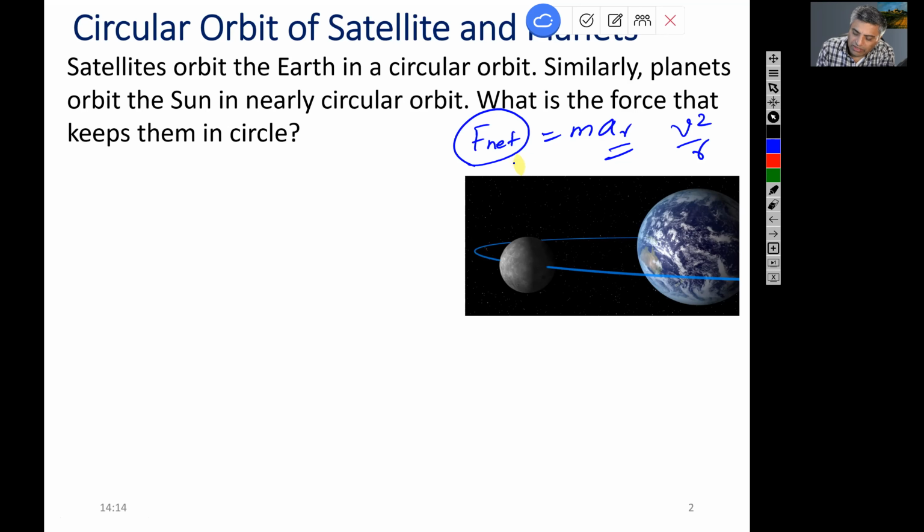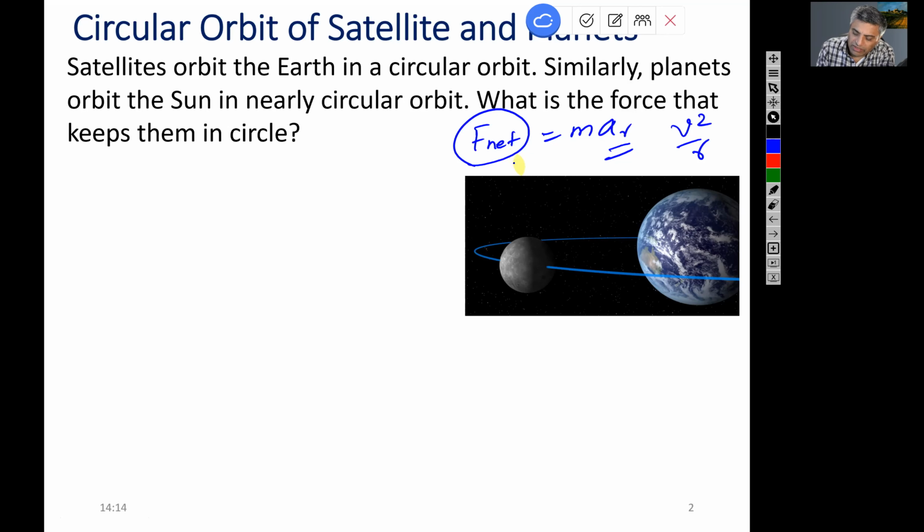So those are the two masses when we are talking about circling. The larger mass barely moves, and the smaller mass goes around. So when we say the moon is moving around the Earth, this m is going to be the mass of the moon. And anything that goes around the Earth, we call a satellite.